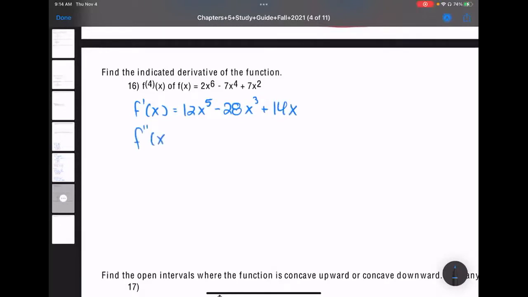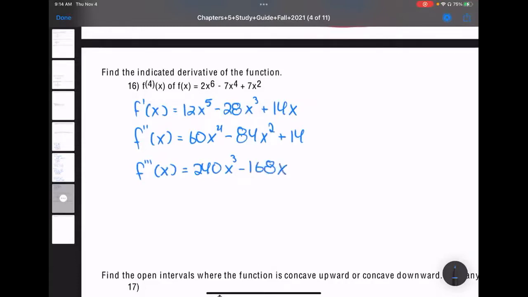F double prime is 60x to the fourth minus 84. So 3 times 28 is 84, x squared plus 14. F triple prime is 240x cubed minus 168x, and then derivative of 14 is 0.